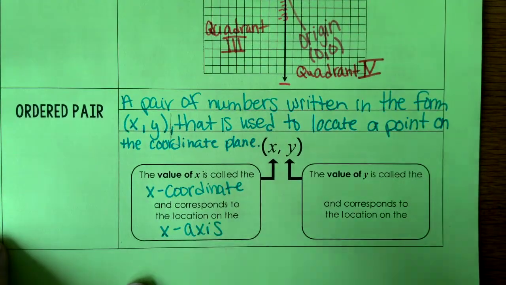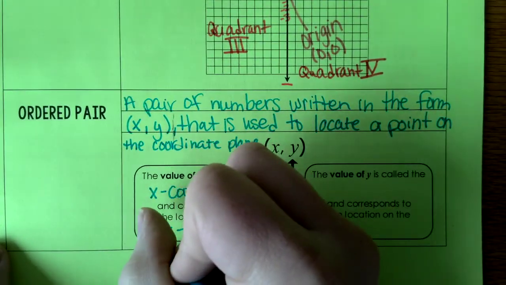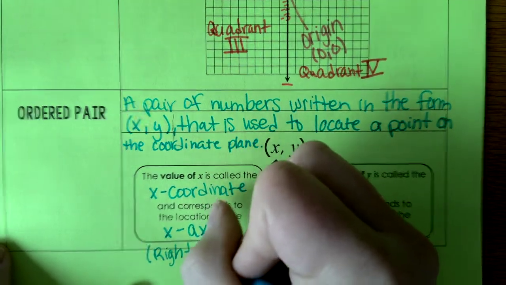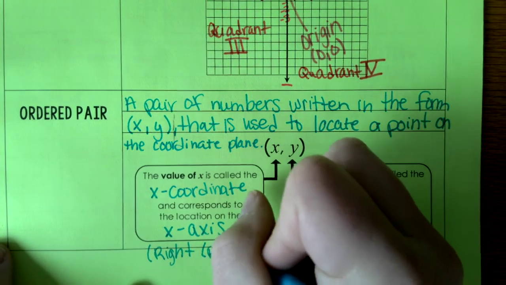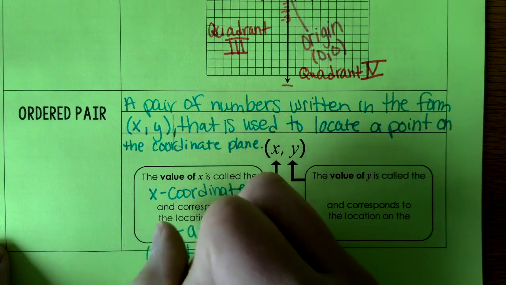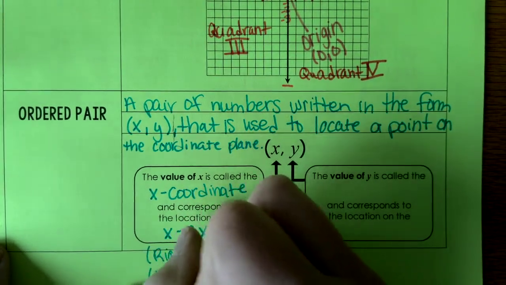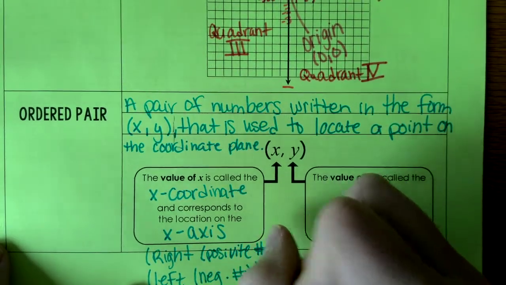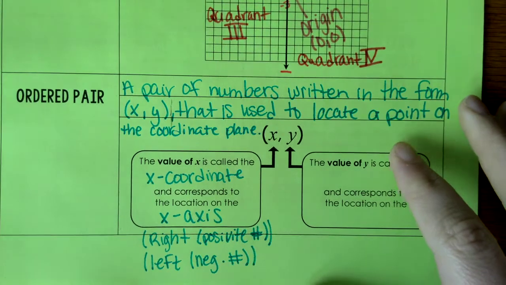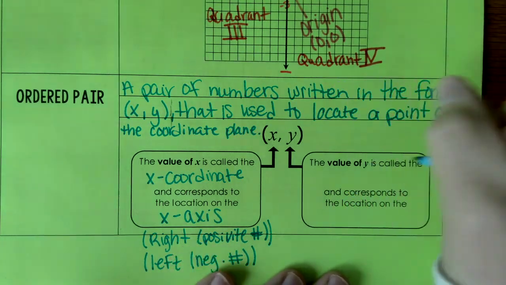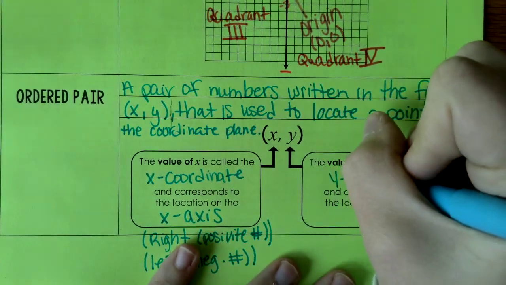So this one right here is going to help me and tell me if I move to the right, and this is going to be a positive number, or if I move to the left, which obviously you can figure out is going to be a negative number. Okay? Well, now it's just basically the opposite with a y, but we just have the letter y instead of x. So the y value is called the y coordinate.